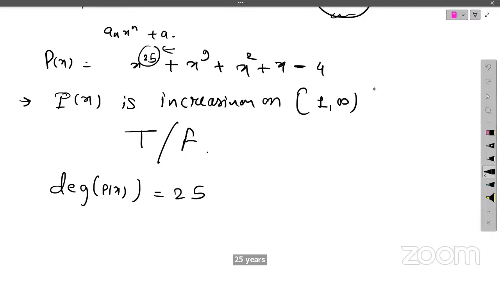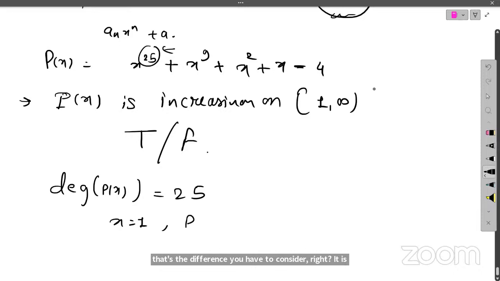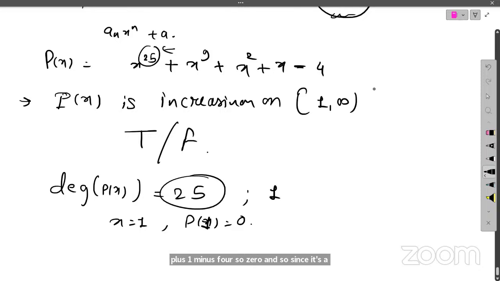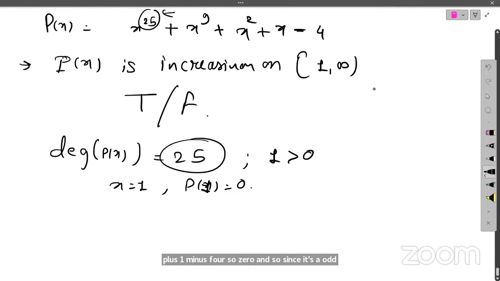So here the degree is 25, and if you put x equal to 1, p(x) is simply becoming 0. Correct? P of 1 is equal to 0 because it is 1 plus 1 plus 1 minus 4, so 0. And since it's an odd degree polynomial with the leading coefficient strictly greater than 0, what will be the end behavior as x goes to infinity?